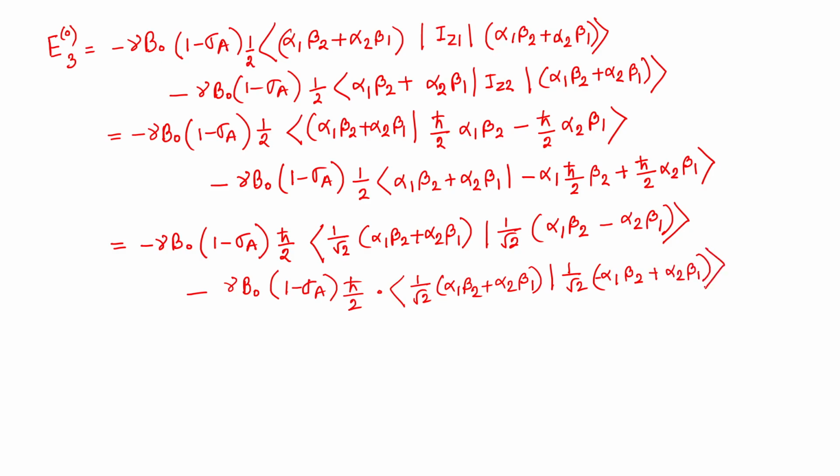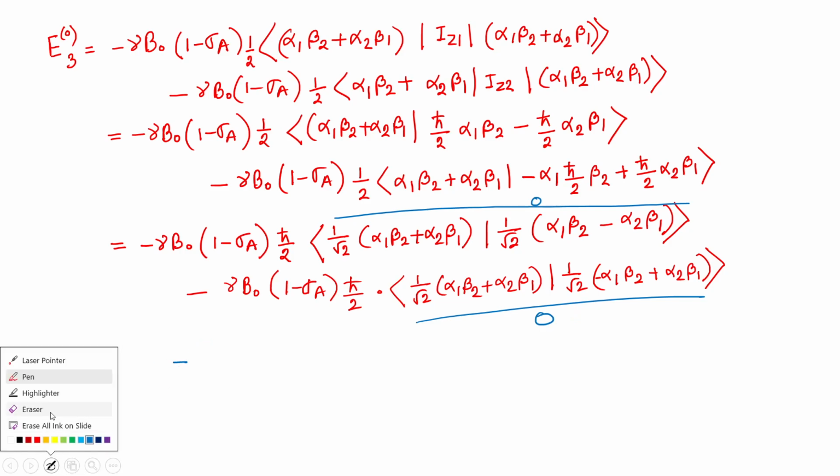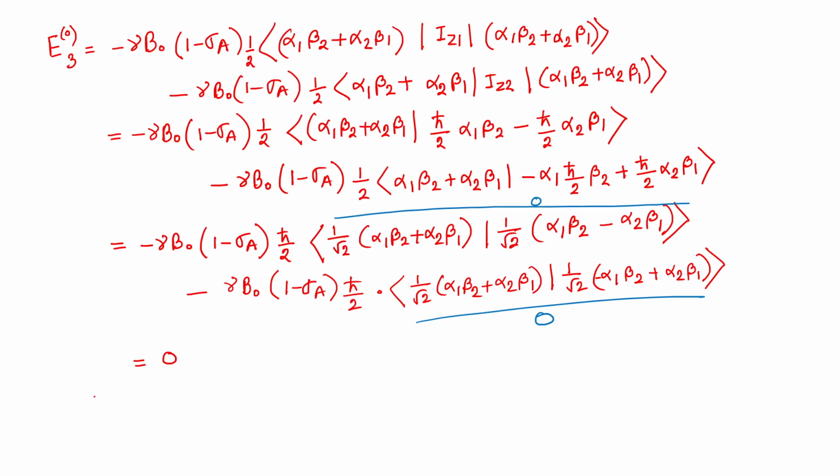This is also an orthogonal situation, so you expect that this is going to give you 0. So as a result you are going to get 0 total. So your E30 is going to be 0 total.